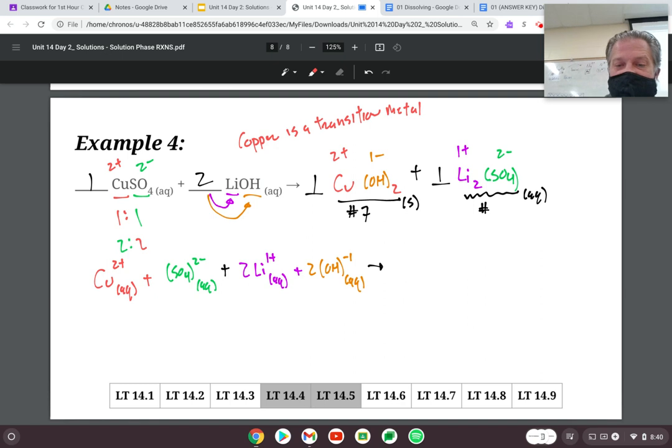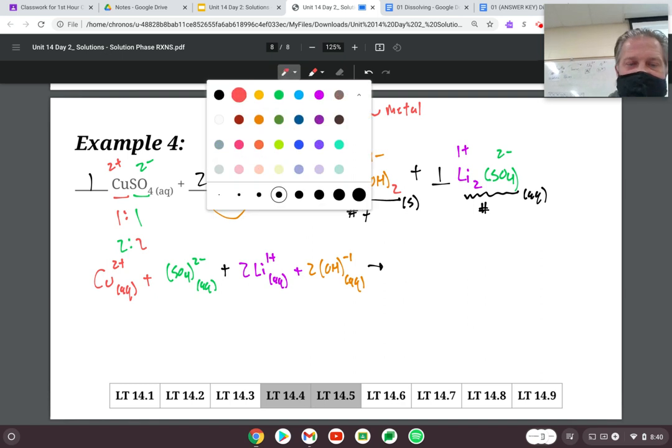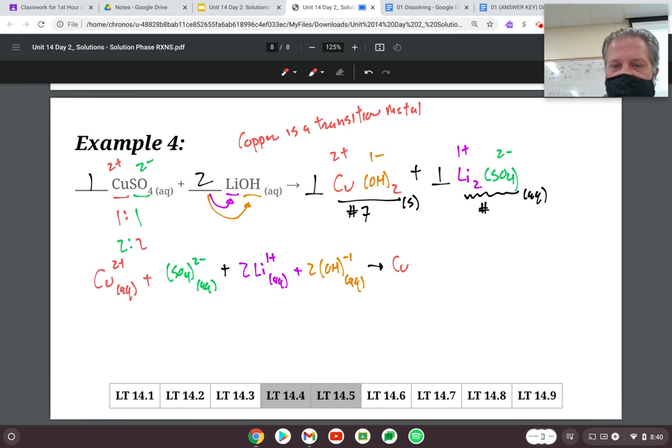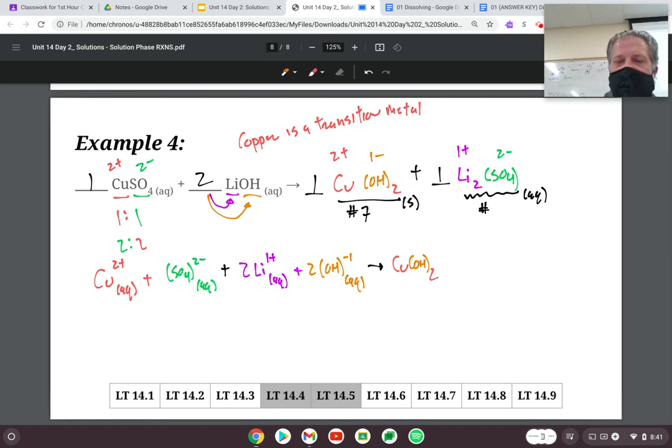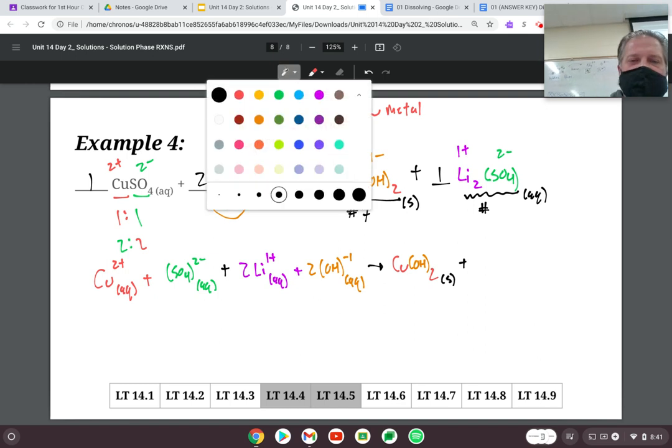My solid comes next, so I'm just going to write it as it is. I'm going to keep it together, Cu(OH)2, and leave it as a solid. And then my last elements are lithium and sulfate.